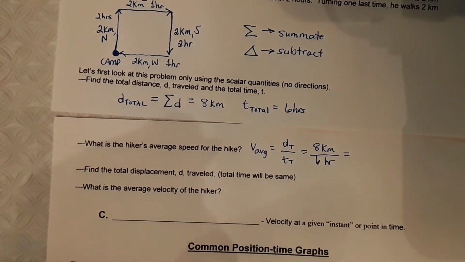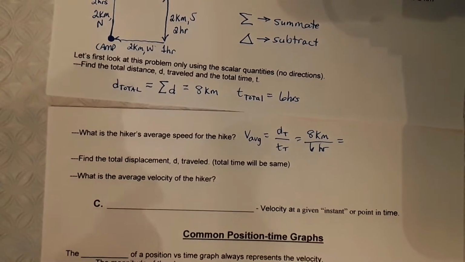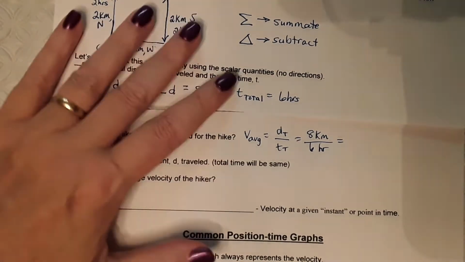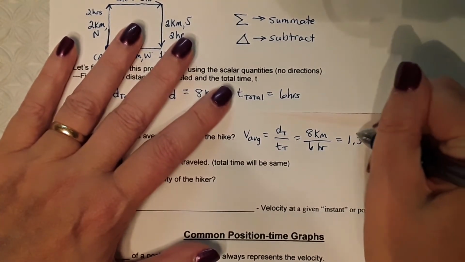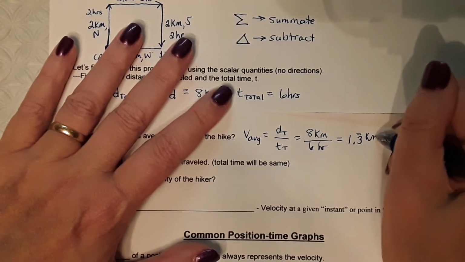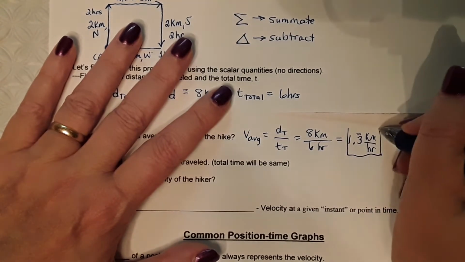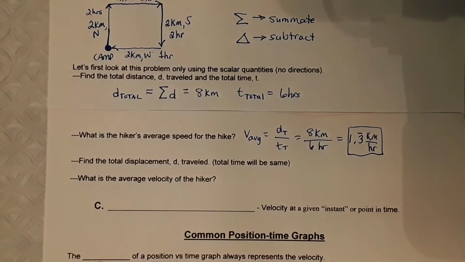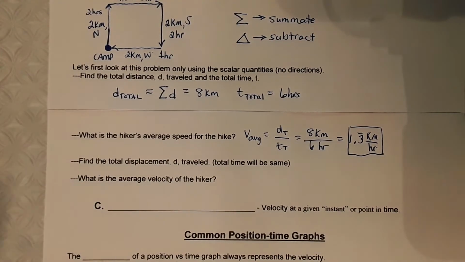All right, so we get 8 divided by 6. Not 1.67, it's 1.3 repeating. So 1.3 repeating kilometers per hour, because that's what we have right there. So there's the average speed for the trip, and that makes perfect sense. If you walk 8 kilometers in 6 hours, you're going to average around 1 1/3 kilometer each hour you've traveled.